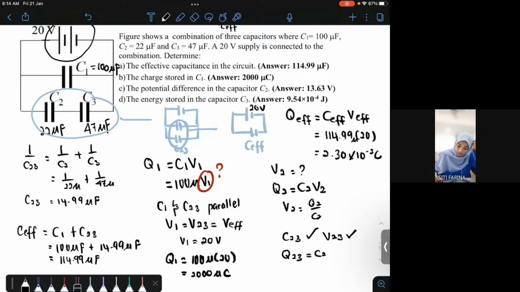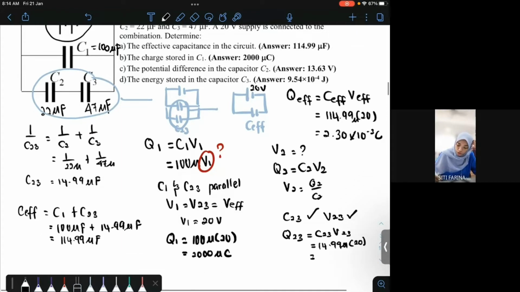Q23, C23, V23. C23 adalah 14.99 micro, V23 adalah 20. Tekan calculator, you should get 299.8 microcoulomb. Okay. Alright, sekarang baru kita kembangkan C23 ni.